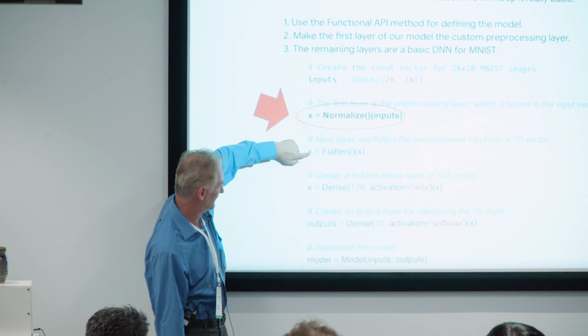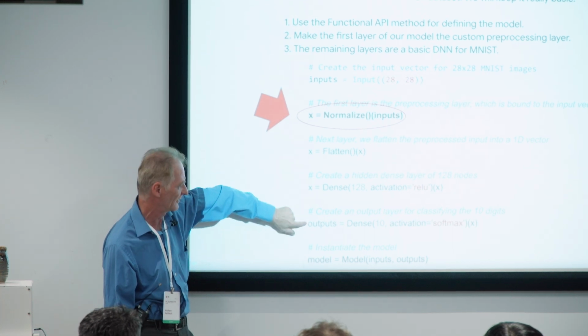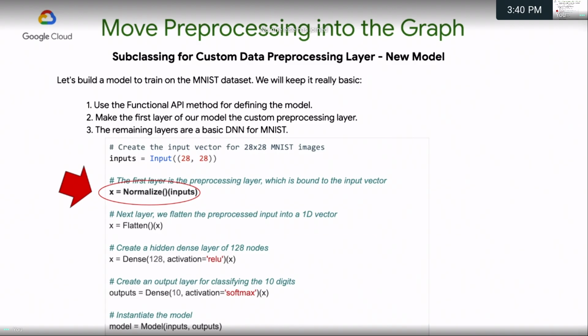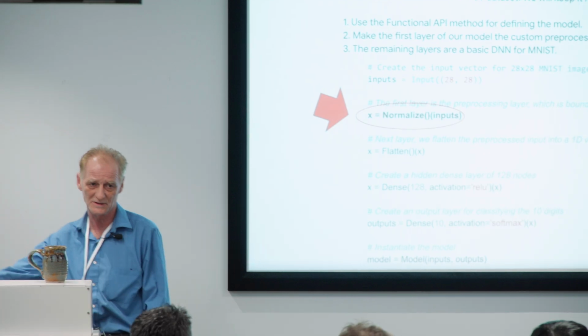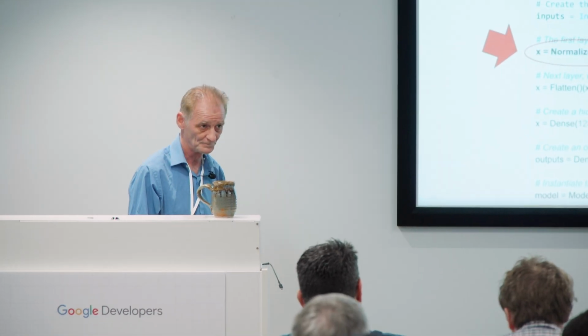After flattening, I'm going to have one or more hidden dense layers, and finally my output dense layer for classifying the 10 digits, and then pulling it together. Well, in between, I just added this new layer. So I'm going from input to normalize, then flatten. So now I could just feed this model the original MNIST images and take them straight as is. I don't have to do any preprocessing.